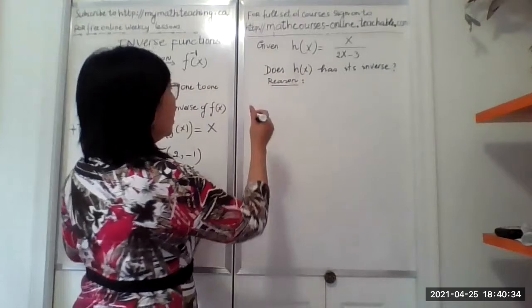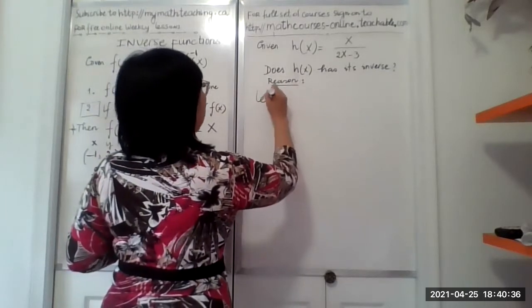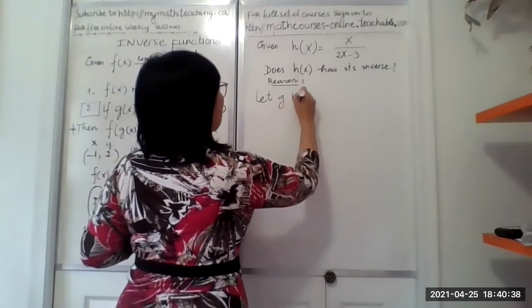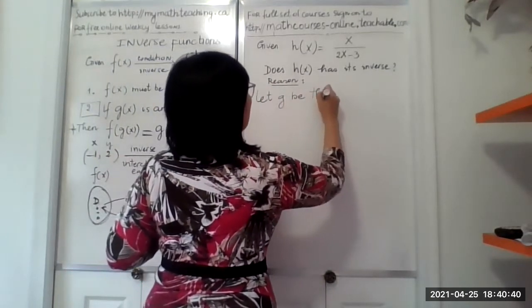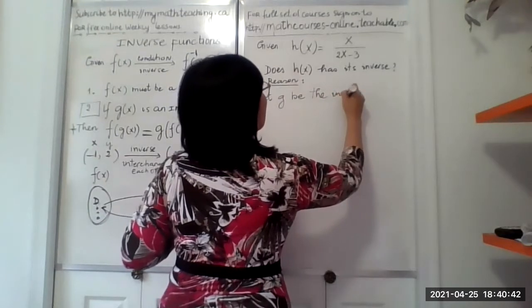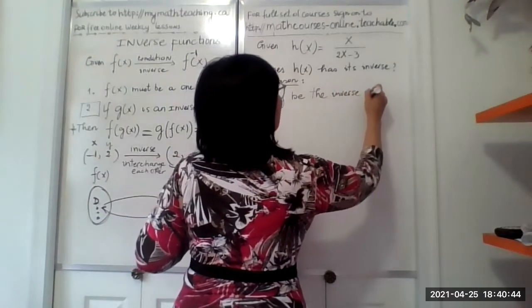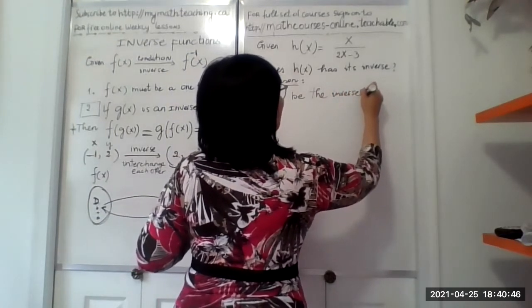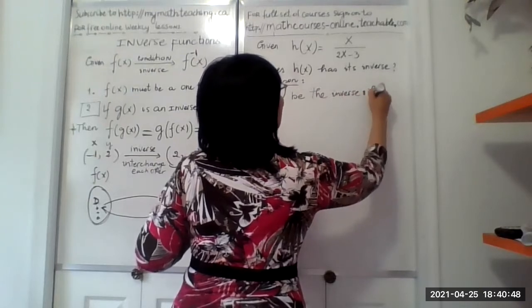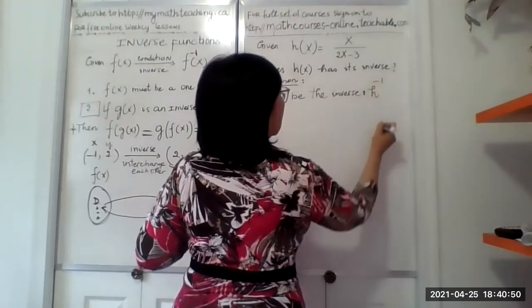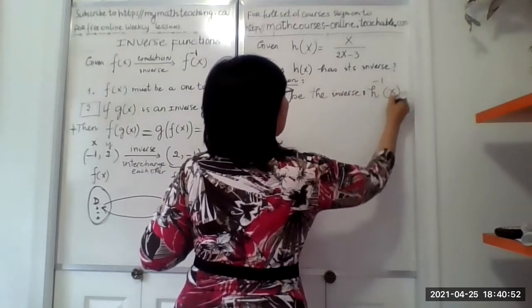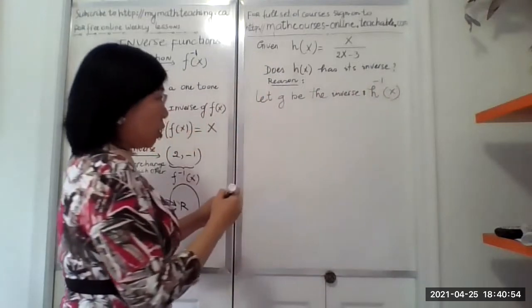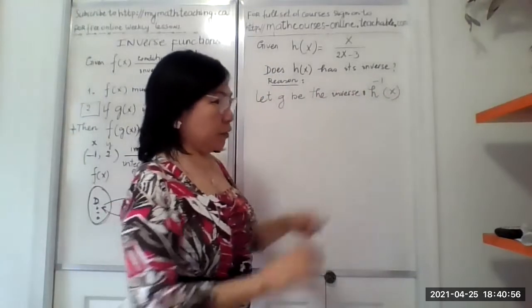So we can say, let g be the inverse, which is h of -1 on top of x, right? This is the notation of the inverse function.